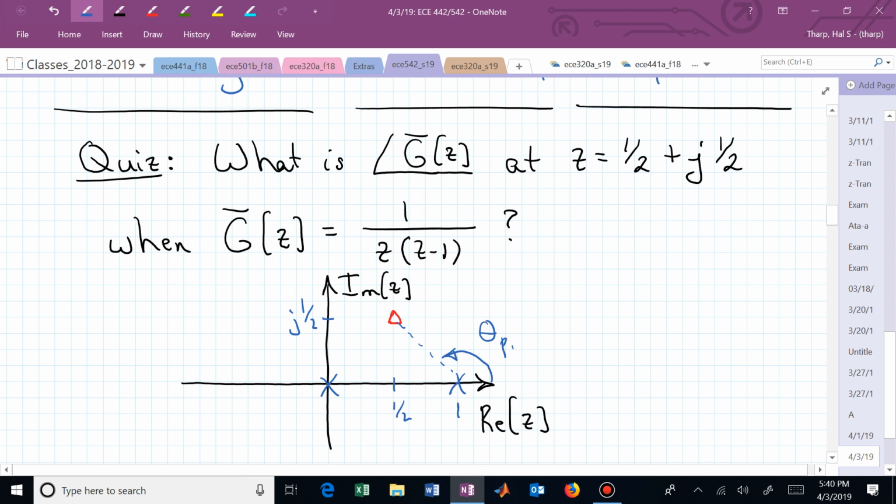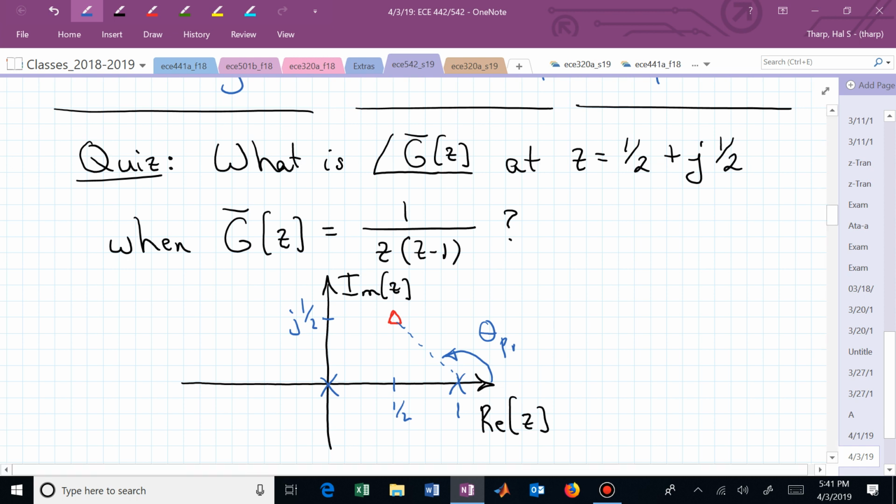Let me call that pole 1 since it's at z equal to 1. So I could now measure that angle. If you just look at the acute angle, a lot of times I like to take the acute angle and subtract it from 180, and that gives me the actual angle, theta p1. Here I have an acute angle with an opposite side of 1/2 and an adjacent side of 1/2. Oh, that's easy, that's 45 degrees. I take 45 away from 180, and I have 135 for theta sub p1.